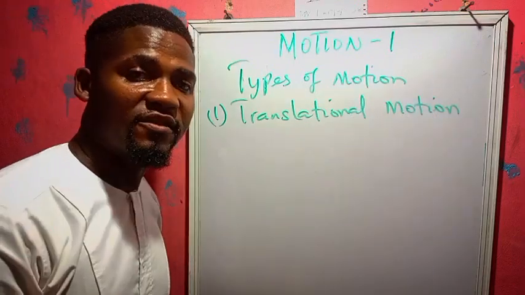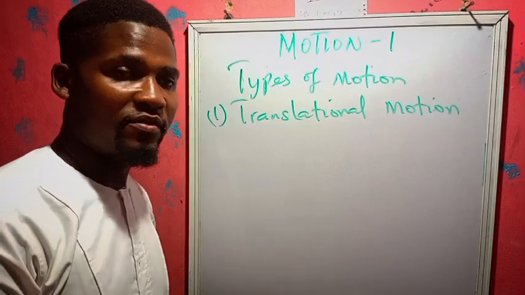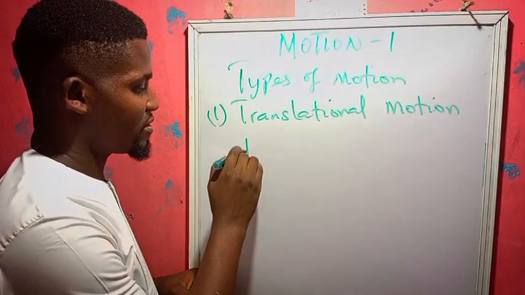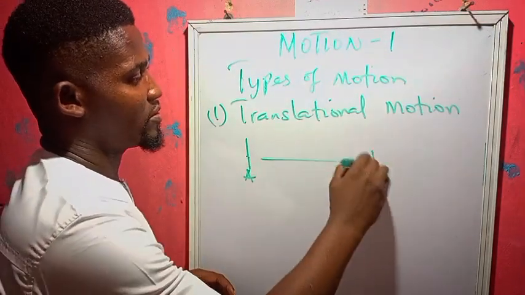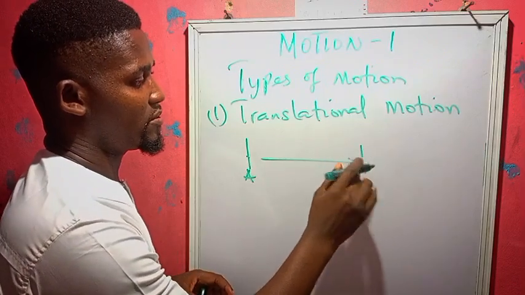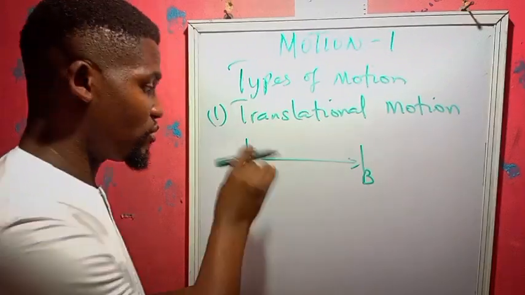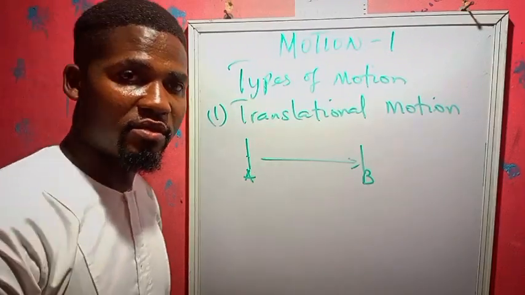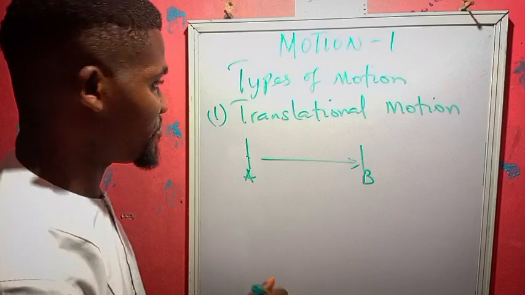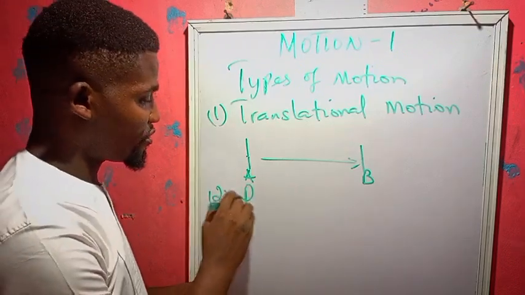This type of motion is involved when an object changes its position from point A to point B along a straight line. That is translational motion, from one point to another, when the object changes its position by virtue of an applied force.